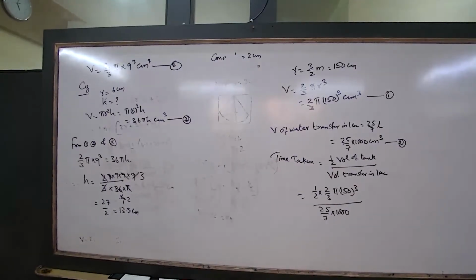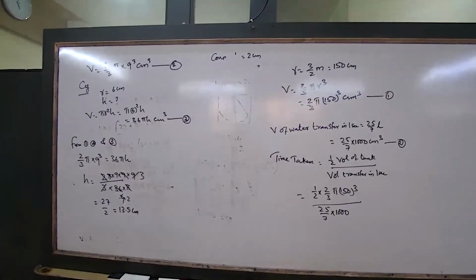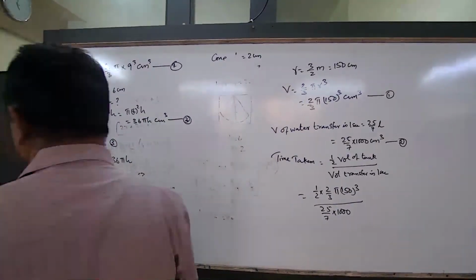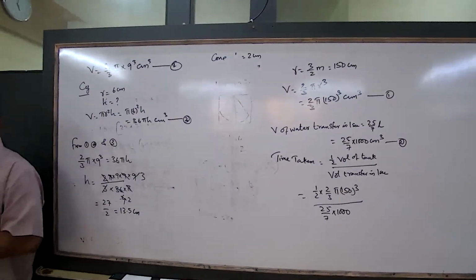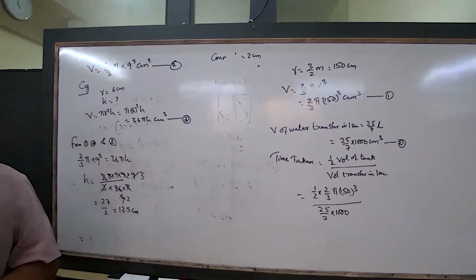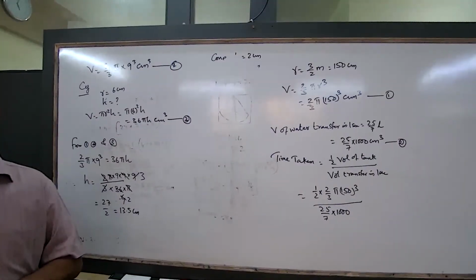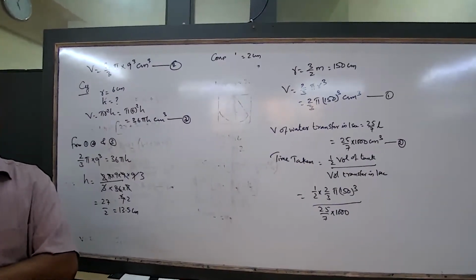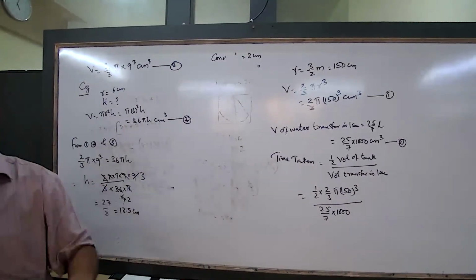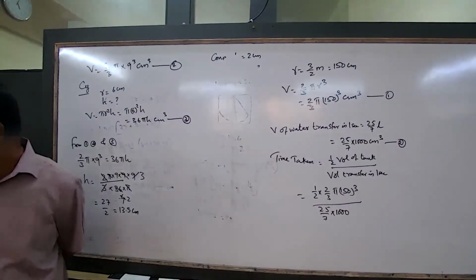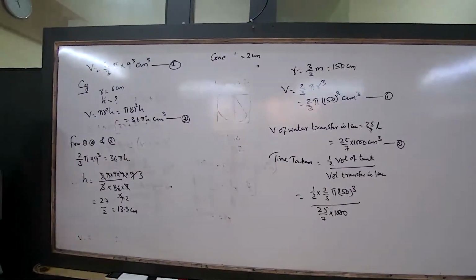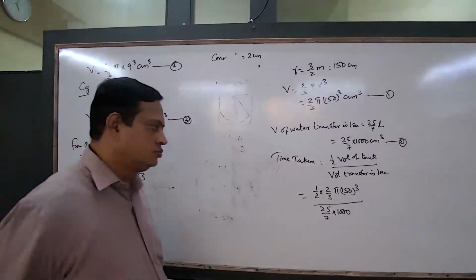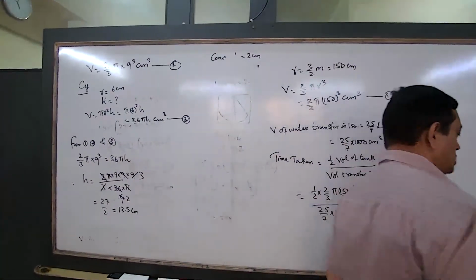Don't make mistakes. Let's see who gets it. No multiplications required. Write this into this into this. Cancellations will be there. What is the answer? Good. Cancel. No multiplication, only cancellations.